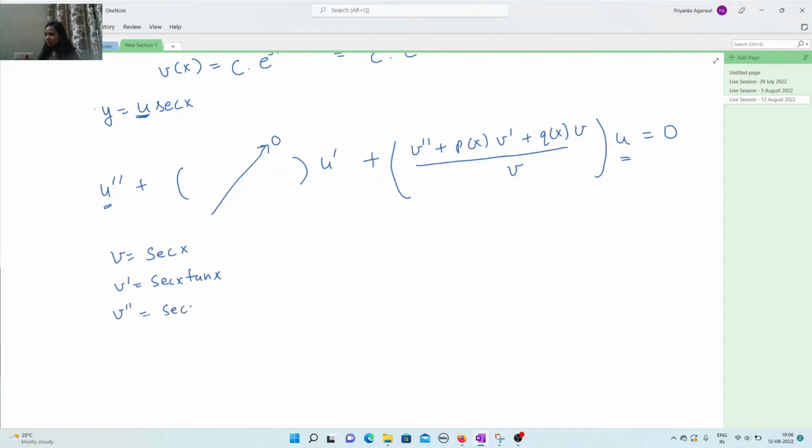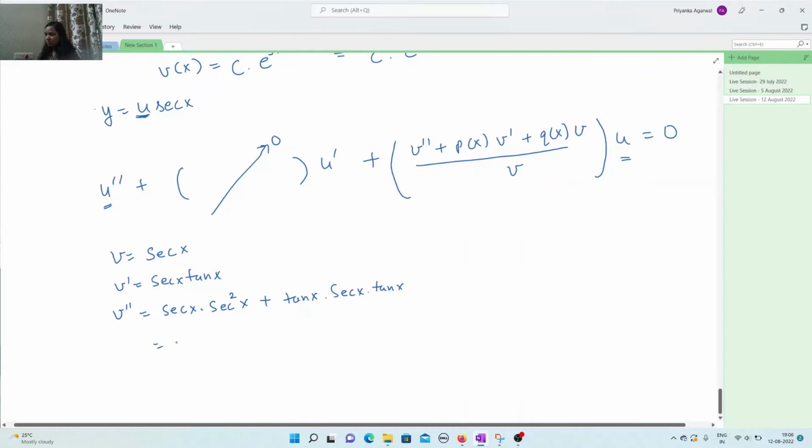This will be sec x into sec square x plus tan x into sec x tan x. So if you take sec x as common, it is sec square x plus tan square x. This is 1. So u double dash is also sec x.